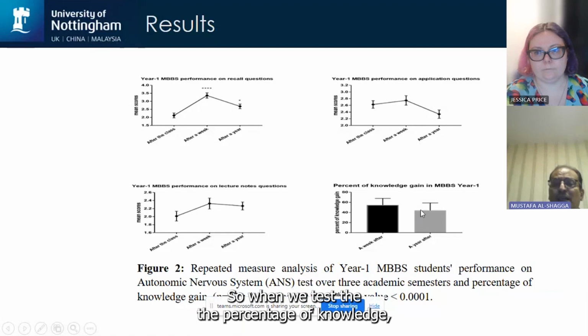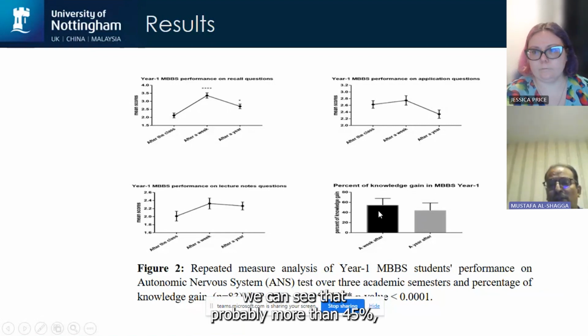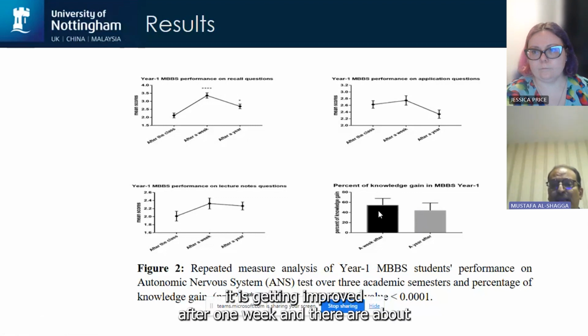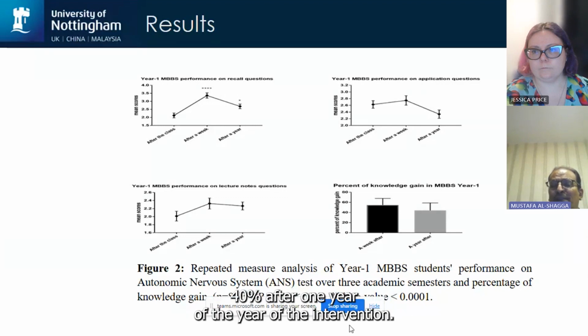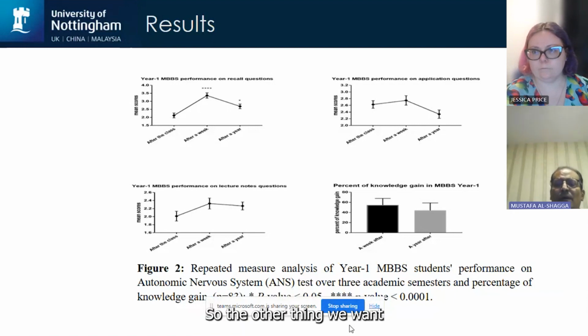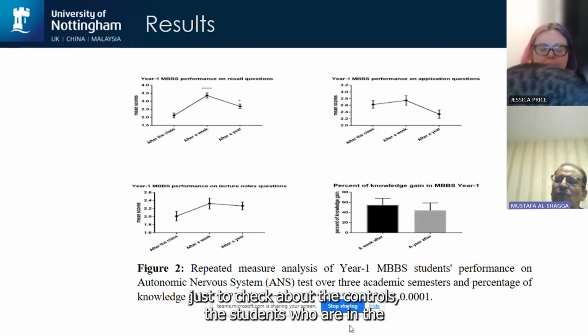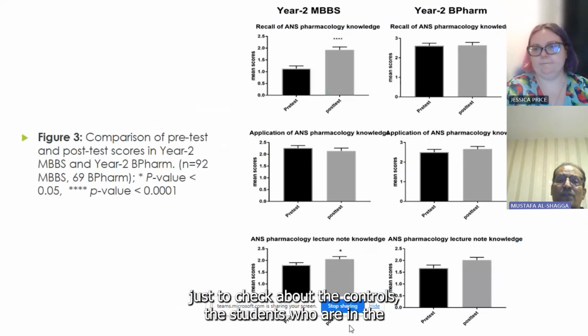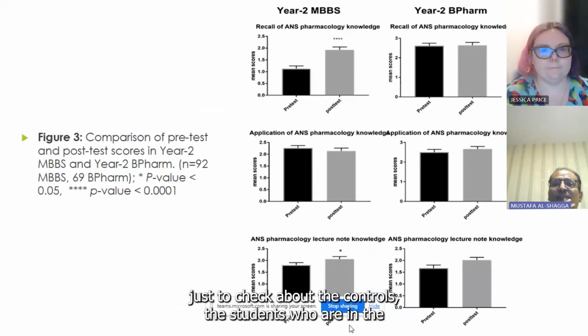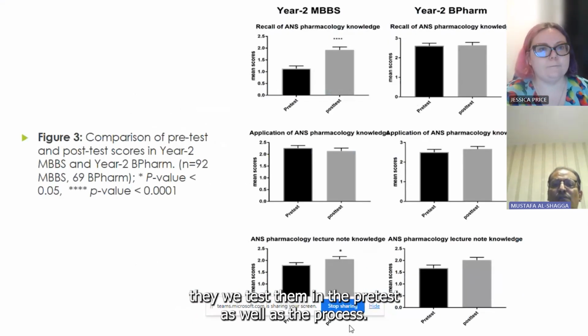So when we test the percentage of knowledge, we can say that more than 45% improved after 1 week, and about 40% after 1 year of the intervention. The other thing we wanted to check was the controls, the students in the BMS, whom we tested in the pre-test as well as the post-test.